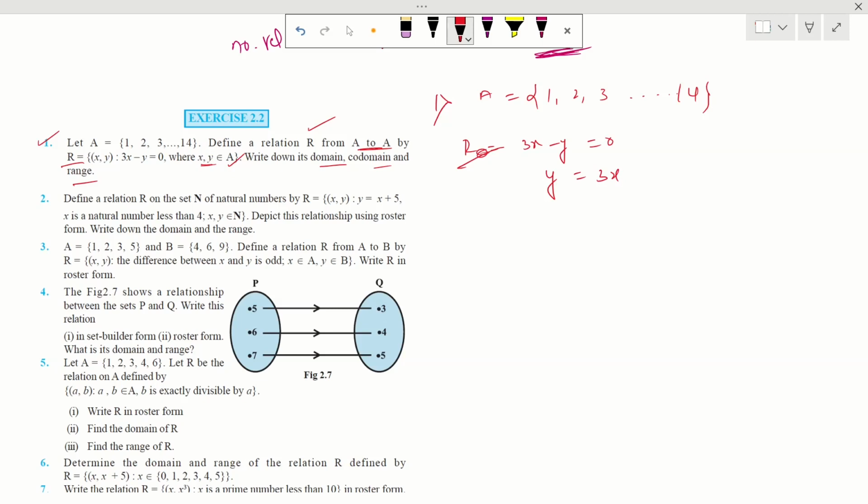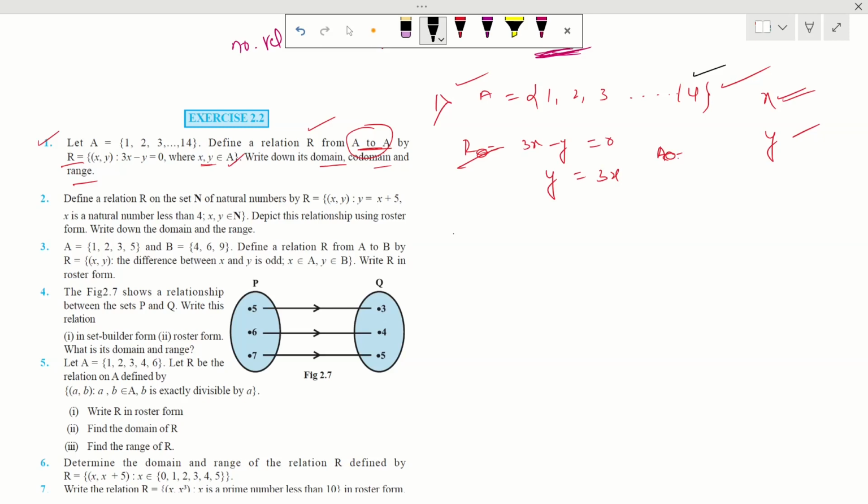The first element is x and the second element is y. The first element is from A only, and the second element is from A only, up to 14, because we have to make a relation from A to A. So x and y belong to A, which has only 14 elements.